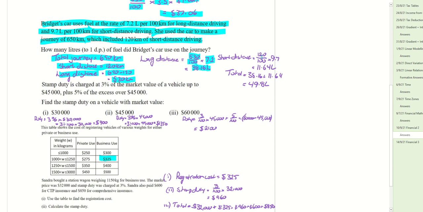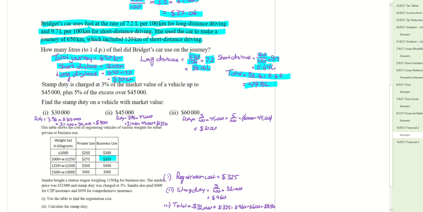For short distance driving, she did 120 kilometres divided by 100, lots of 9.7 litres. That comes out to 11.64, and our total is the amount of litres she used for long distance plus the amount she used for short distance, which comes out at 49.8 litres.